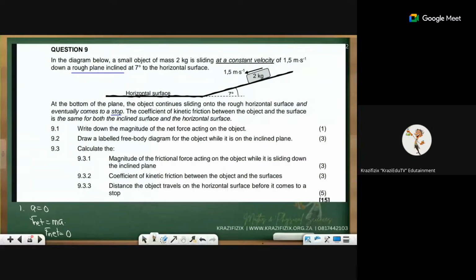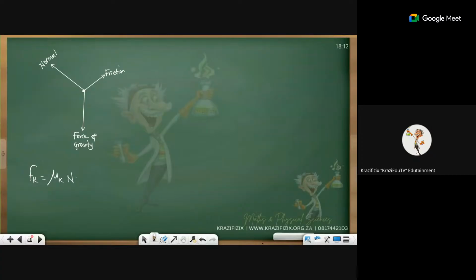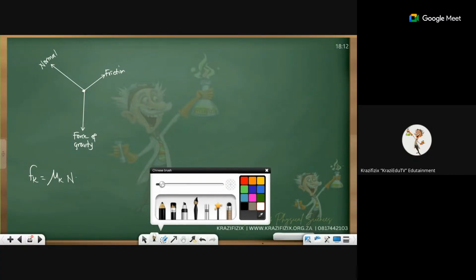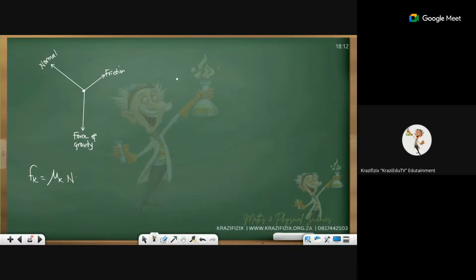They told us F net is equal to 0. All right. So I don't like this diagram this way. I draw my components, right? What will my components look like? Normal. Is that fine for us? Friction. What next? FG parallel. And FG perpendicular.